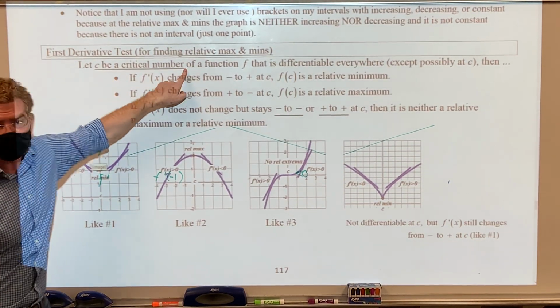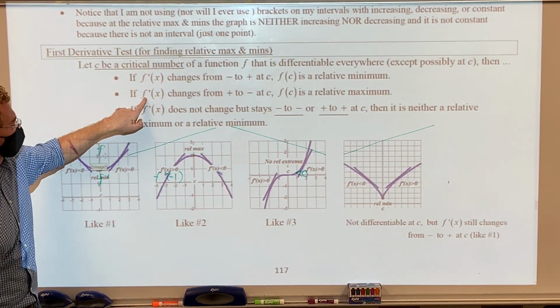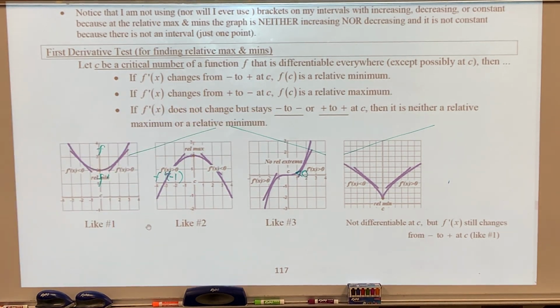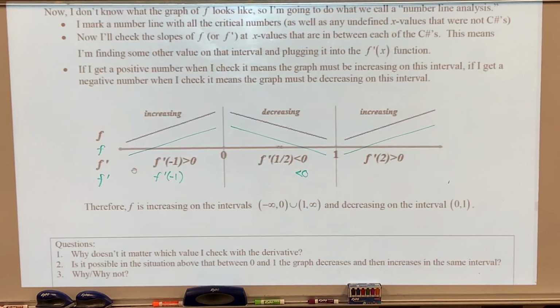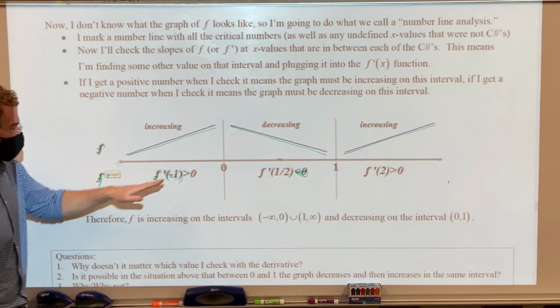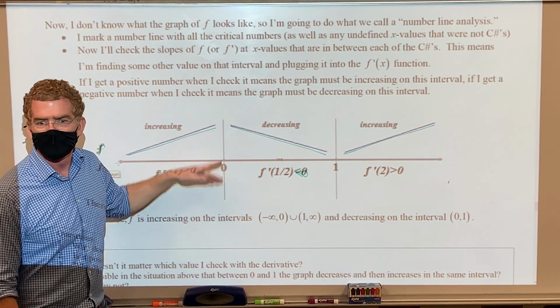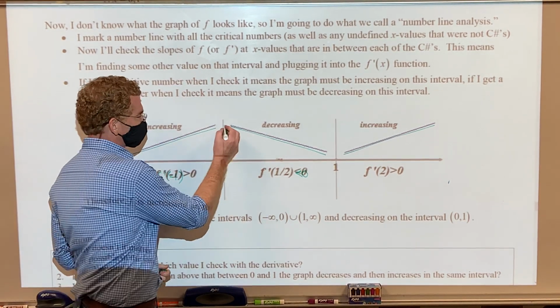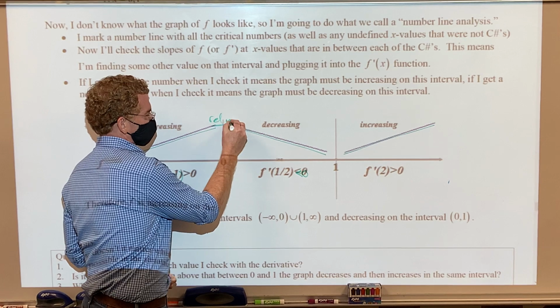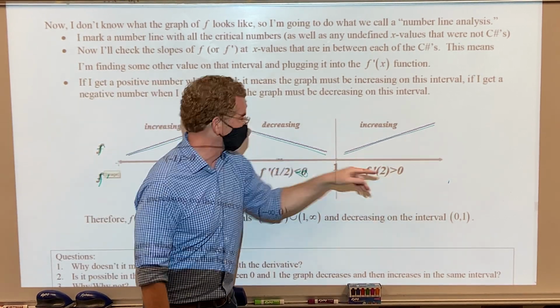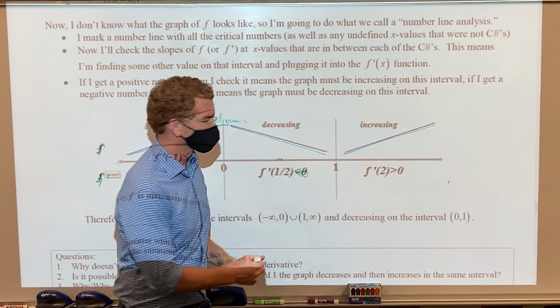If it's a critical number, which it was, if the derivative changes from plus to minus at the critical number, what is it? Relative max. And it just looks like one, right? Relative max. If the derivative changes from negative to positive at a critical number, what is it?